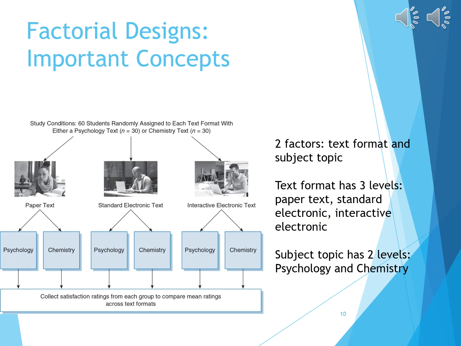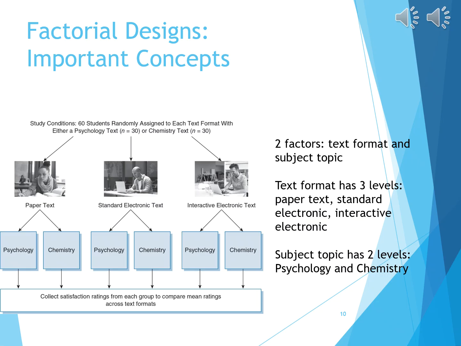So now there are going to be students reviewing a paper text for a psychology textbook and a paper text for a chemistry textbook, students reviewing psychology standard electronic text and chemistry standard electronic text, and students reviewing psychology interactive electronic text and chemistry interactive electronic text.